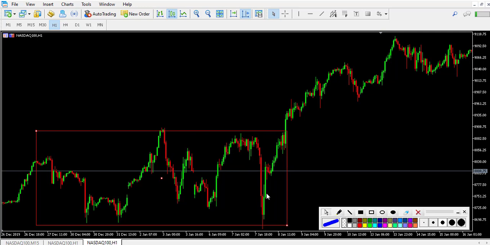So here's the thing: this is the ranging market right here. When you see a ranging market, I compare it with consolidation. We all know that consolidation is one of the things that gives us an edge in trading, because we know that the market is about to do something.